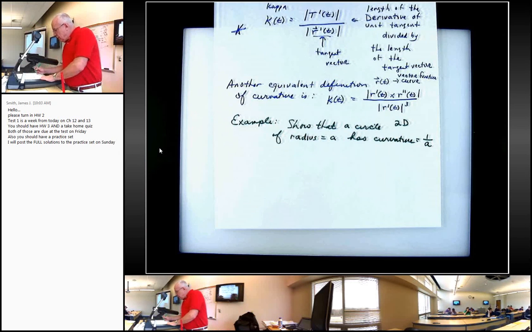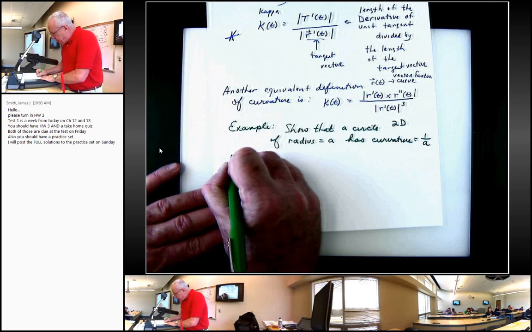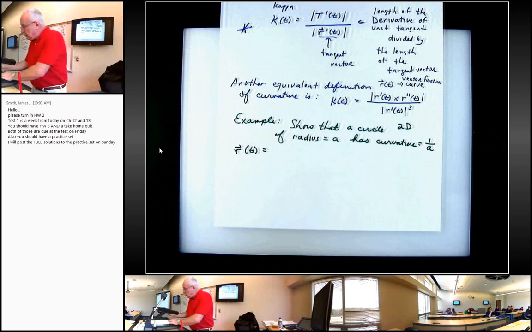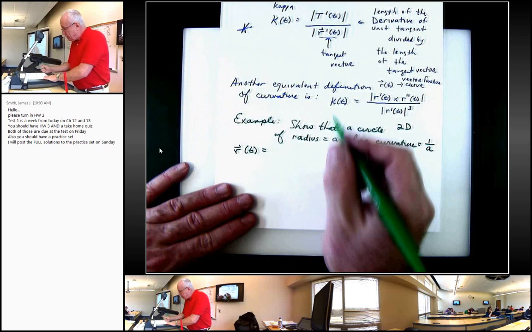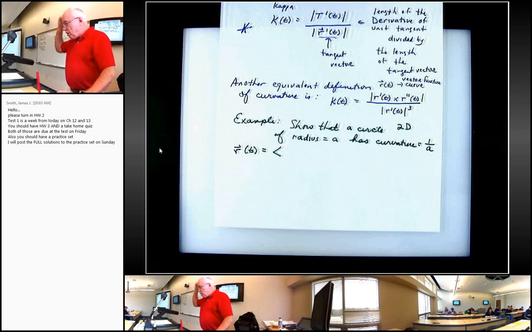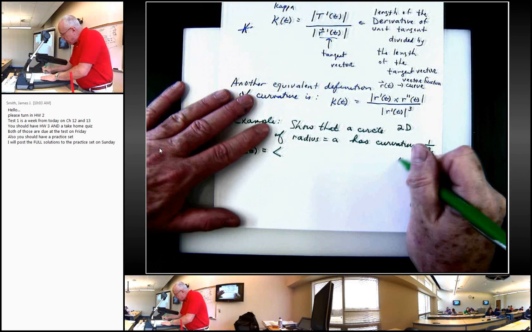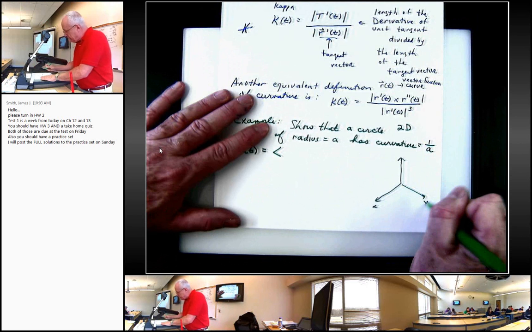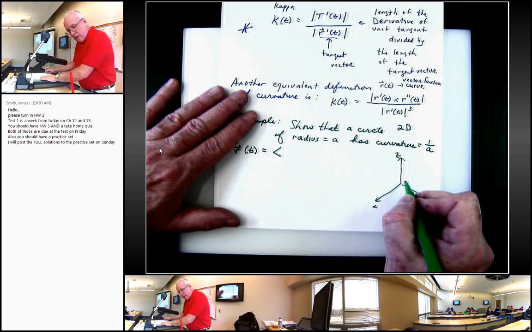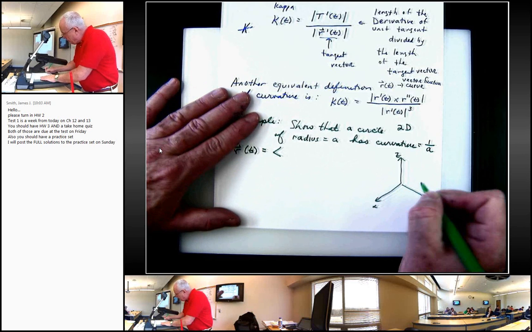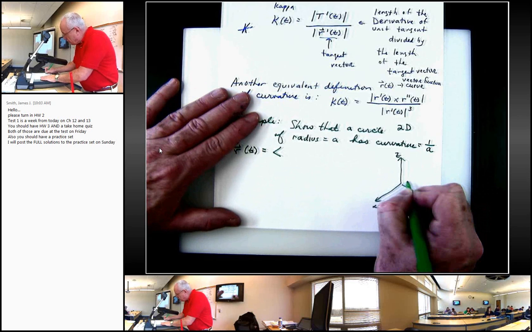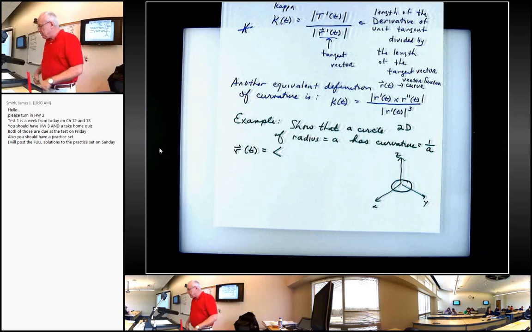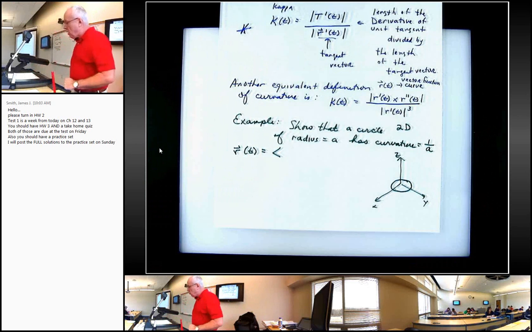First of all, we need to figure out what our vector function is. It's only on the x and y plane, so we're talking about a circle. I guess I should draw this: X, Y, and Z. Here we're talking about a circle around the origin, and so we've got an X component and a Y component.